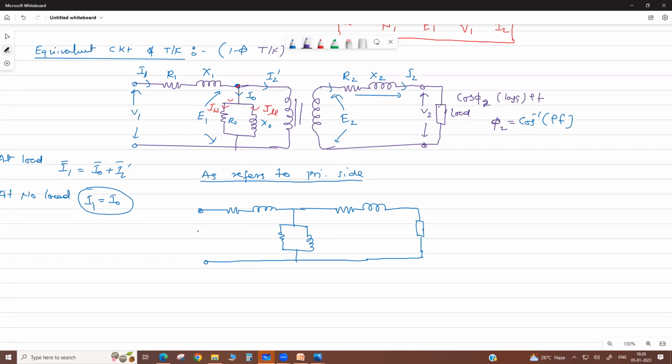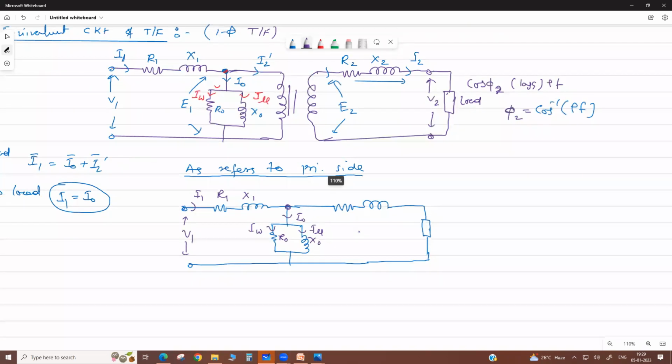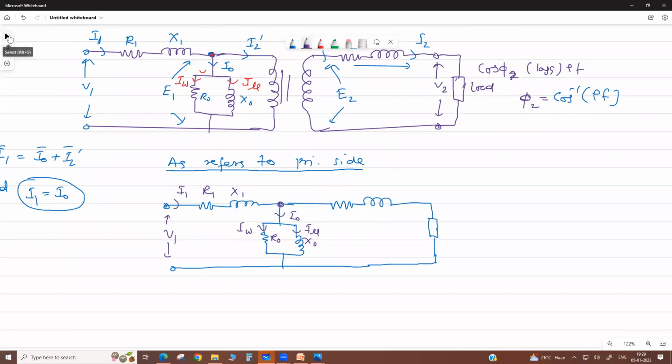Here this is your V1, here I1, R1, X1, at this node I0, this is R0, X0, these two components, I omega and I mu.